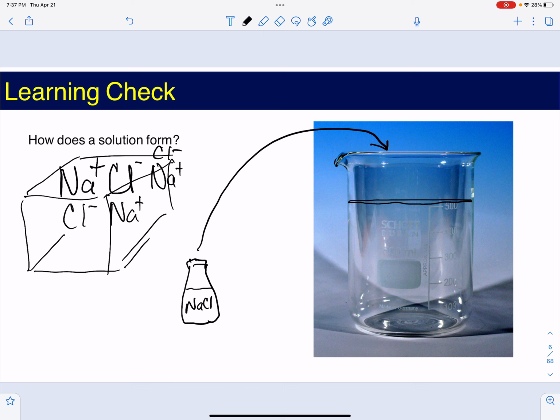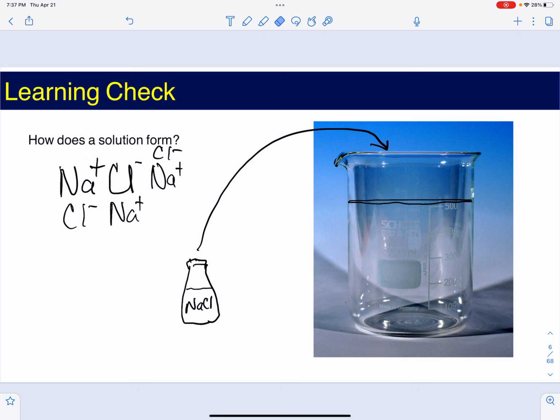And I challenge you, if you can get a magnifier, go grab a grain of salt and look with the magnifier, and you're going to see perfect 90 degree angles, a perfect cube. So this perfect cube is made out of those ions. So you have those ions going around everywhere.